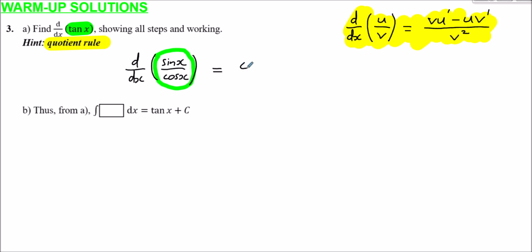So I'm going to get cos x multiplied by the derivative of sine x. Sine goes to cos. Then minus the numerator, which is u, sine x, and then I multiply that by the derivative of the denominator. If I differentiate cos, I get negative sine. And all of that is over v squared, which is cos x all squared, which of course we can write as cos squared x.